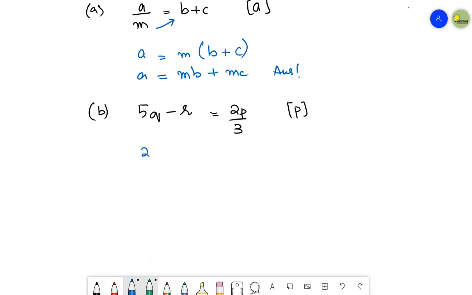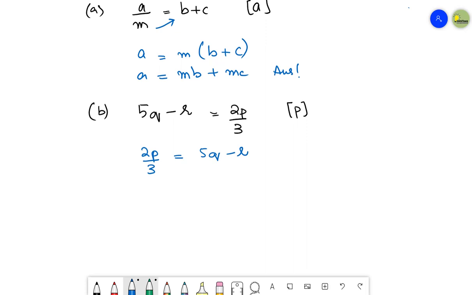Flipping means that you shift all the values present on your right side to the left hand side of your equation, and similarly, the left values are shifted to the right. That is 5Q minus R. This flipping can be done anytime whenever you require this particular operation, right? You can shift your equation anytime.